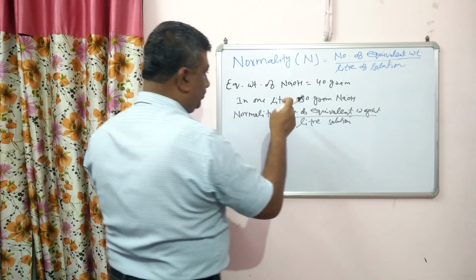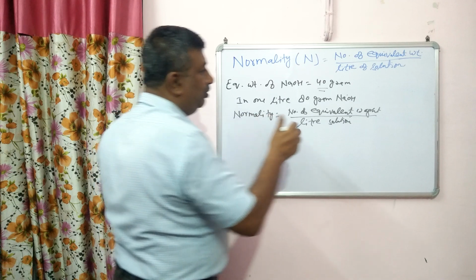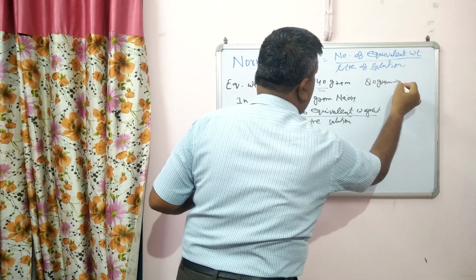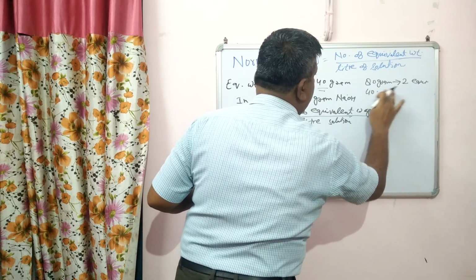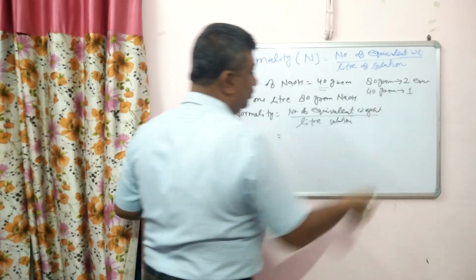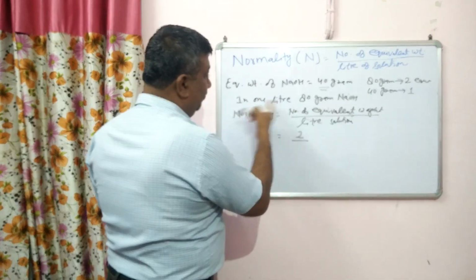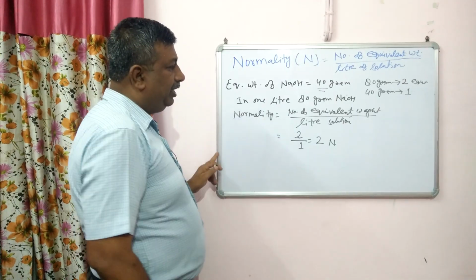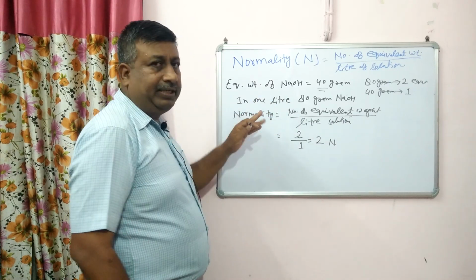Now look here, in 40 gram there is one equivalent weight. So in 80 gram NaOH there are two equivalent weight. It is very simple calculation. So the number of equivalent weight is 2, and solution is 1 liter, divided by 1, that is 2N. So normality of NaOH is 2N if 80 gram is dissolved in 1 liter solution.